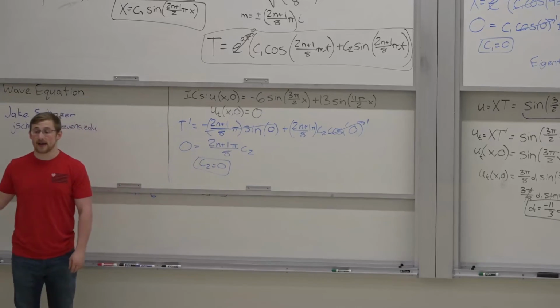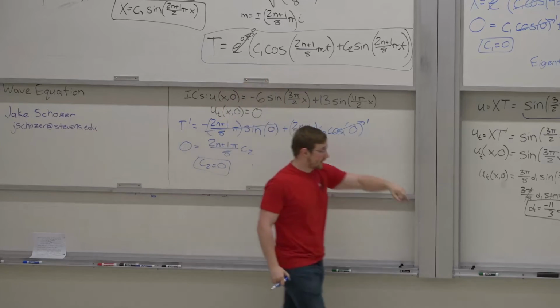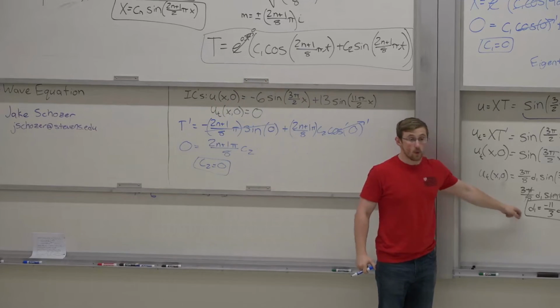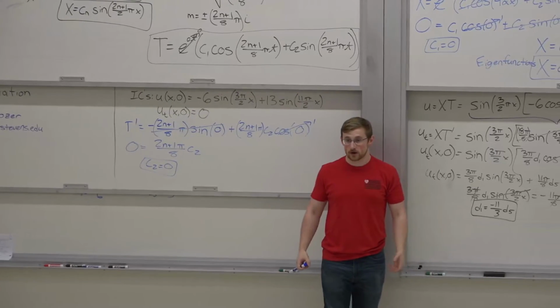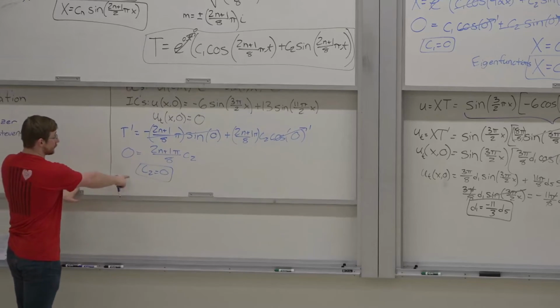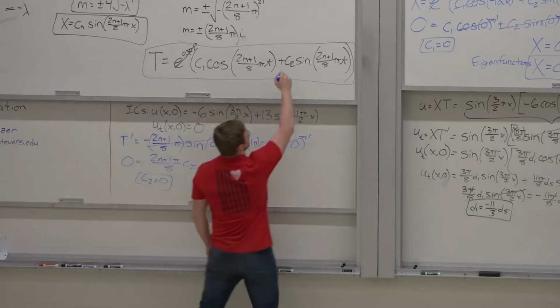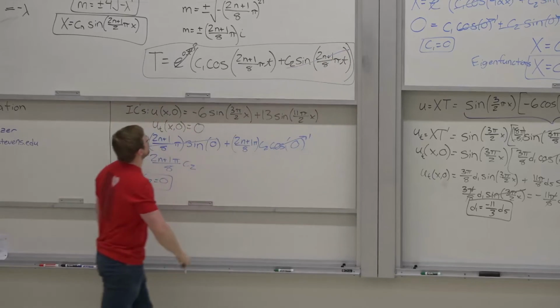Now I never find out anything about c1, which notice is the same thing that we had over here. One of my conditions is arbitrary. But I know that this does tell me that c2 is 0, so I know that that isn't going to be included in the solution.